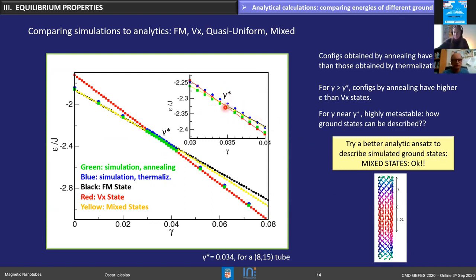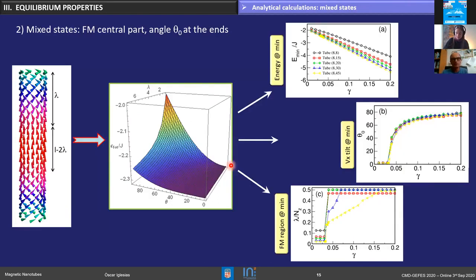However, notice here that the differences in energies between the simulated annealing results from the computations and states forming a perfect vortex, or these ones, is very tiny, which means that in this region, high metastability would allow us to go from a helicoidal state to a vortex state or ferromagnetic state, depending perhaps on the history we submit the sample to.